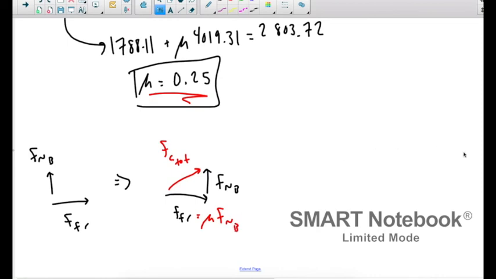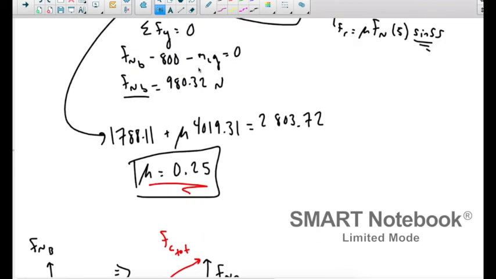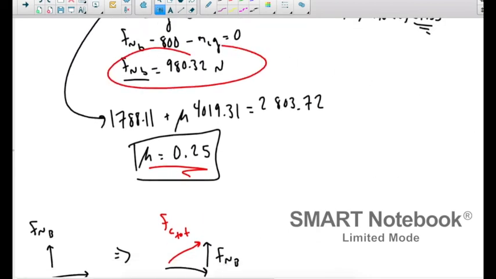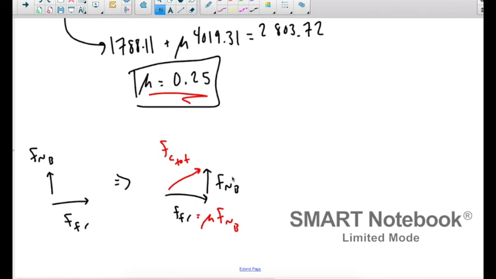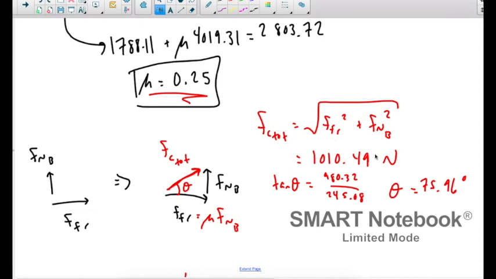I found the normal force earlier, remember? It was 980. So I know what the normal force is. Do vector addition, I'll be able to find the total contact force, and of course I'll get an angle there. Okay guys, so really simple vector addition just like we're used to, and of course don't forget to do some trig to get your angle there.